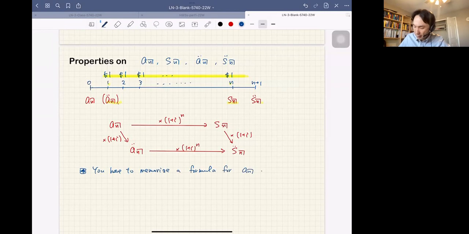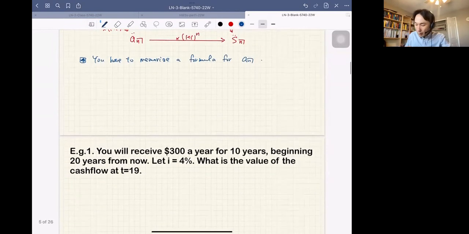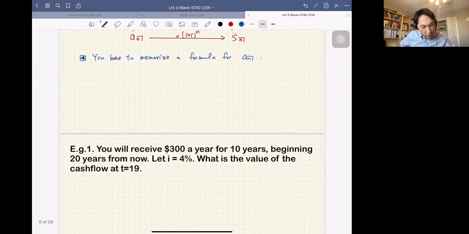Then the others we can get by multiplying some factor. Okay, so do you have any questions?